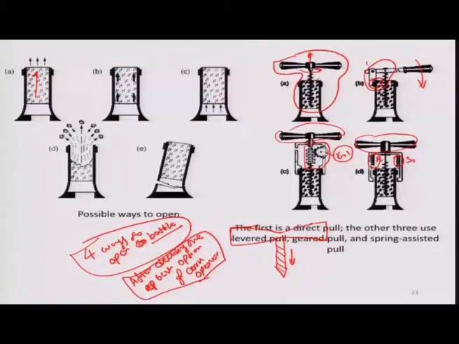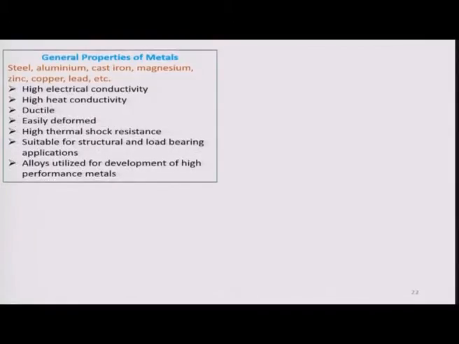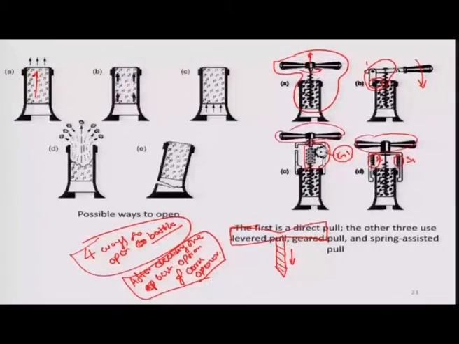Material: what will be the material of each component. So again, material selection comes into the picture. Here are some properties of the materials. The first general property is of metals. Common metals are steel, aluminum, cast iron, magnesium, zinc, copper, lead, etc. These metals can be used to make your cork opener.